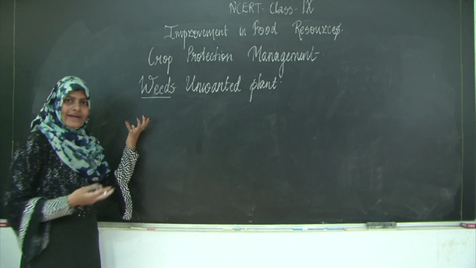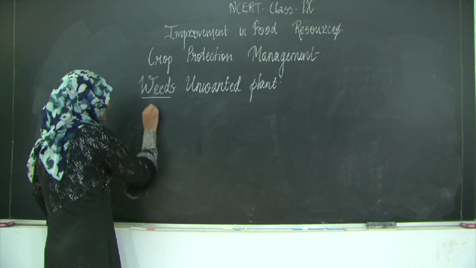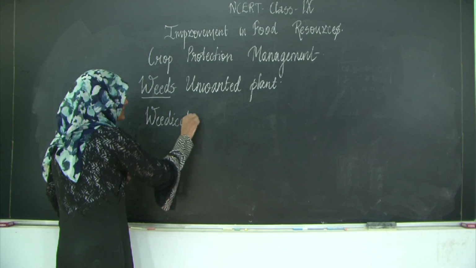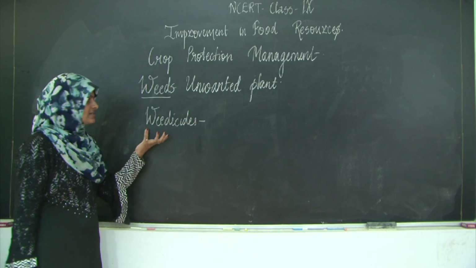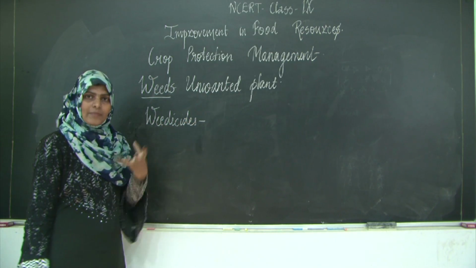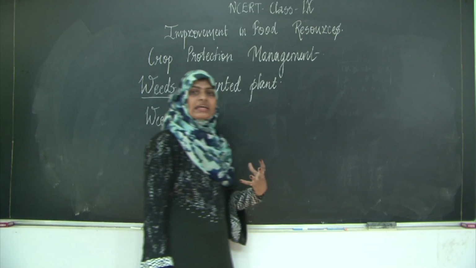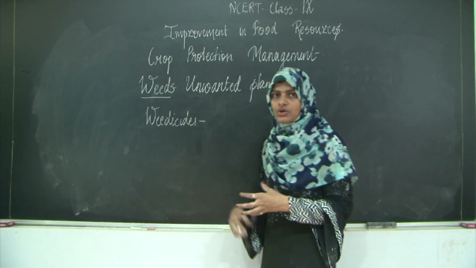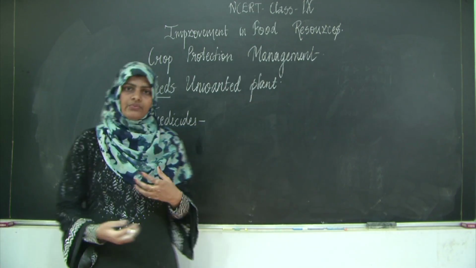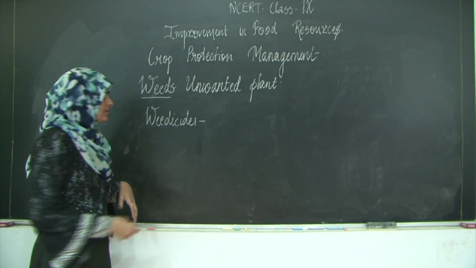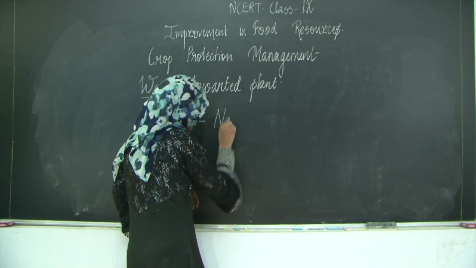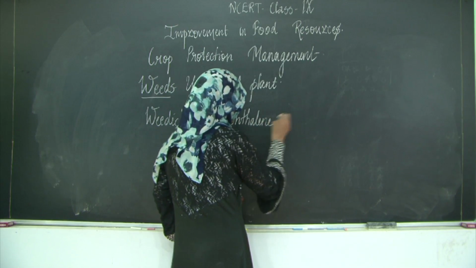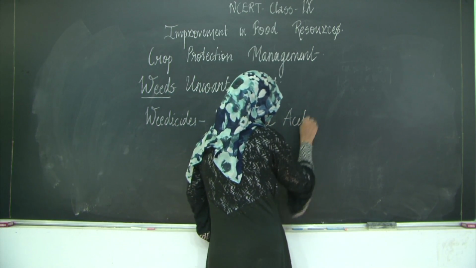So to avoid that, we have weedicides. What are weedicides? Weedicides are chemicals which are used to kill the weeds. I can add these weedicides in the soil itself, and it will kill the weeds. Let us give examples. One example is naphthalene acetic acid.